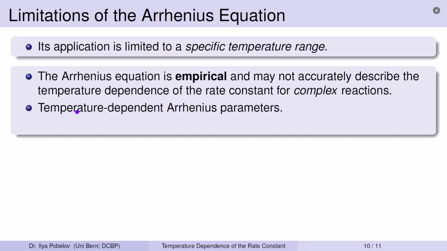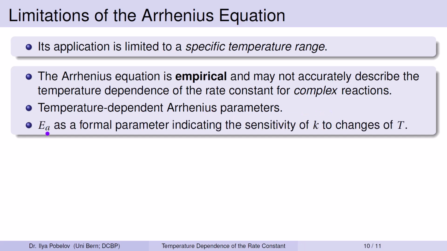This indicates the temperature dependence of one or both Arrhenius parameters. For example, the activation energy can be temperature dependent and be considered as a formal parameter indicating the rate constant's sensitivity to temperature changes rather than modeling an energy barrier.